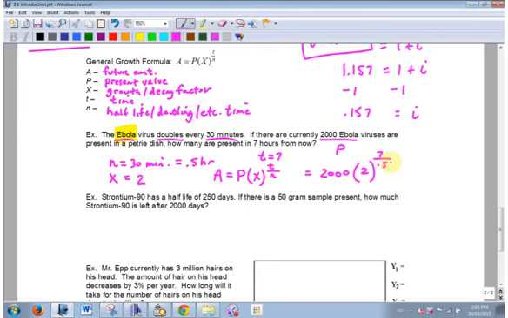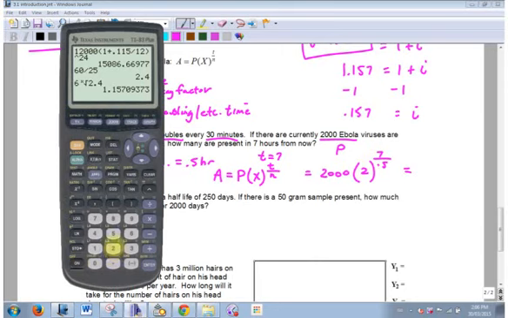Could you do this the long way, the slow boat to China method? Sure you could. Put in your calculator, take 2,000, double it 14 times. You'll get the same answer. But let's do it the big kid way. 2 to the power of 14. 3.2 million.